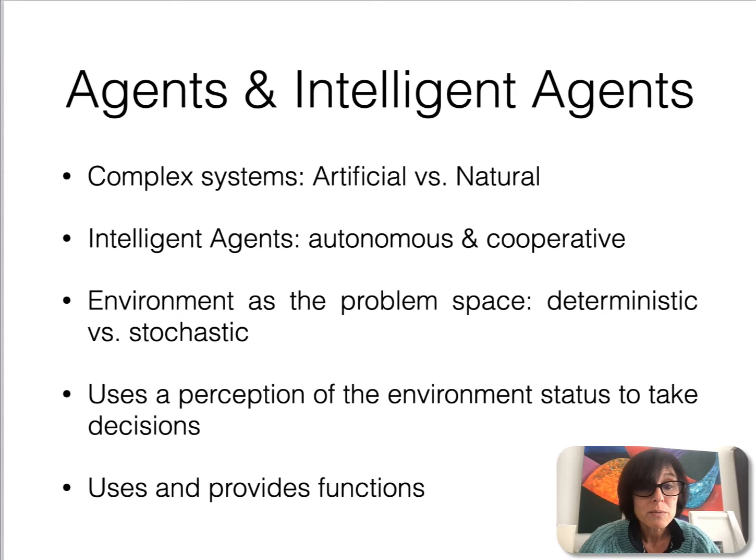Moreover, the environment itself can be deterministic or stochastic. If the environment is deterministic, its properties are well known and none of them are random, which means that the output of the model is fully determined by the values of its parameters and initial conditions. If the environment is stochastic, then some randomness and uncertainty will be present.